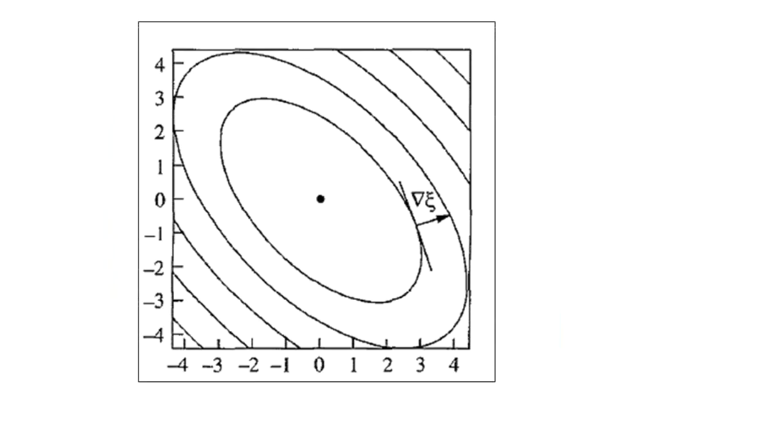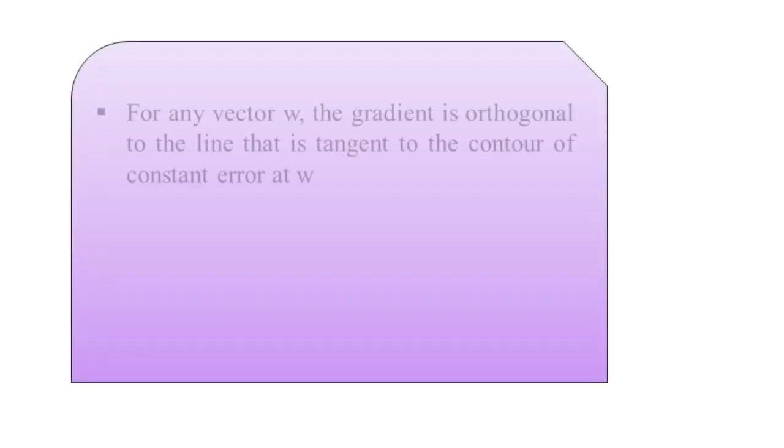For any vector in general represented by W, the gradient is orthogonal to the line that is tangent to this elliptical path, or the contour of constant error at W, as shown in the earlier illustration. But since the gradient vector points in the direction of steepest ascent, the direction of steepest descent is the negative gradient direction.